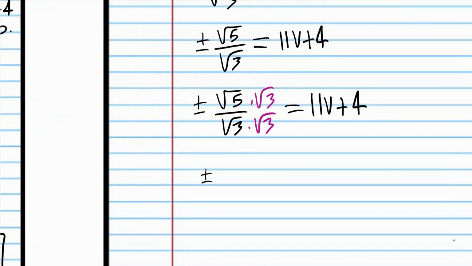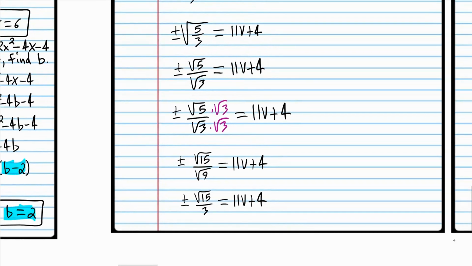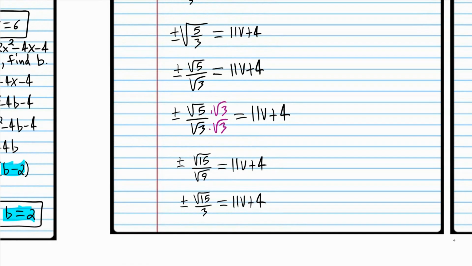So root 5 times root 3 is root 15, and root 3 times root 3 is root 9, but of course you know that root 9 is just 3, so that's why we did that. There's no more root in the denominator. That's what it means to rationalize the denominator.